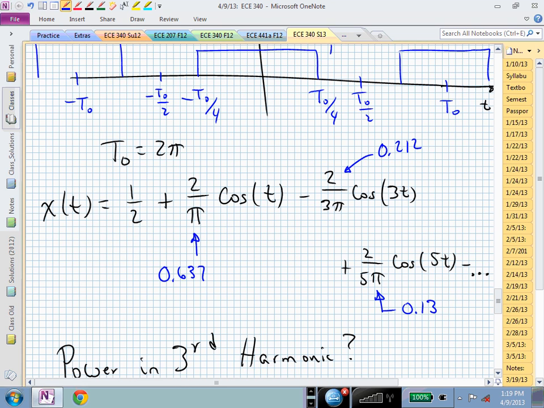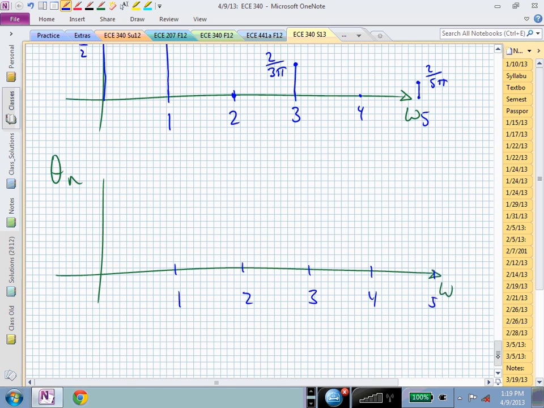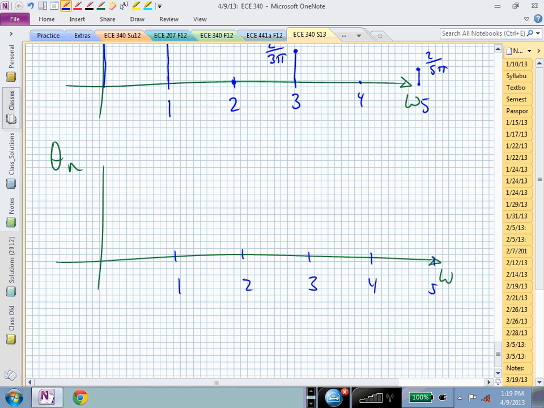So how did I do it? I went ahead and said, okay, at the third harmonic at 3 radians per second, in this case, we have an angle of minus pi. Does everybody understand where that's coming from?